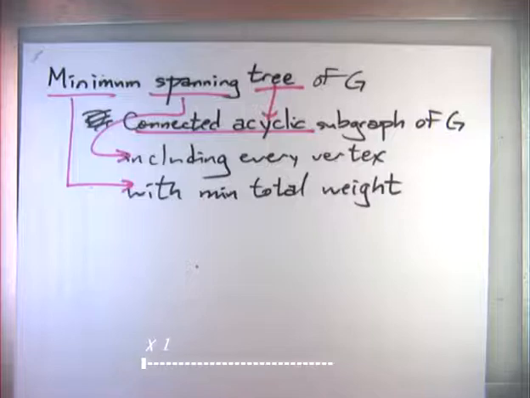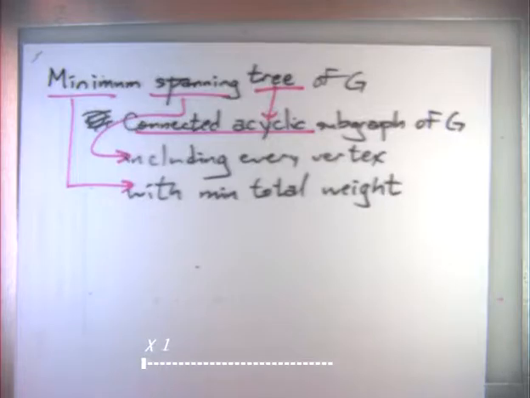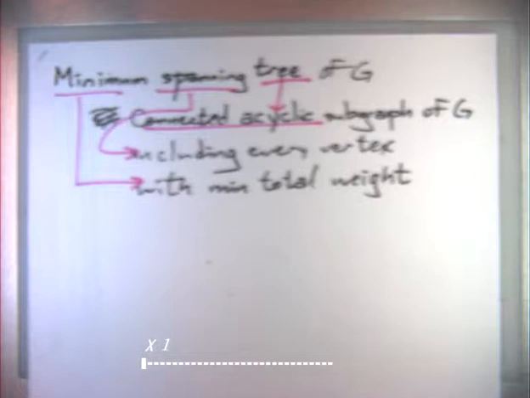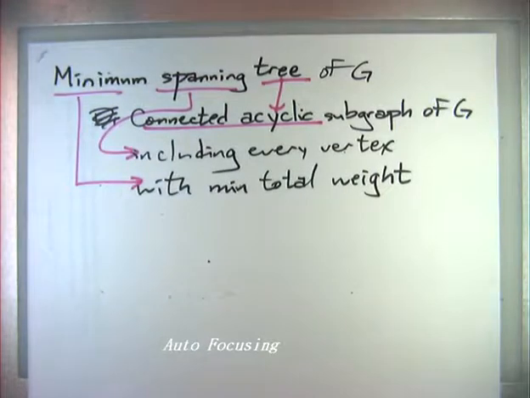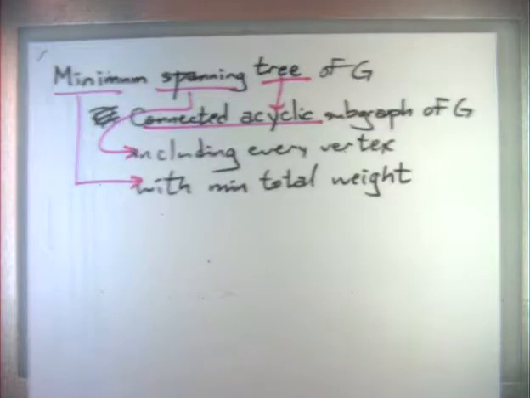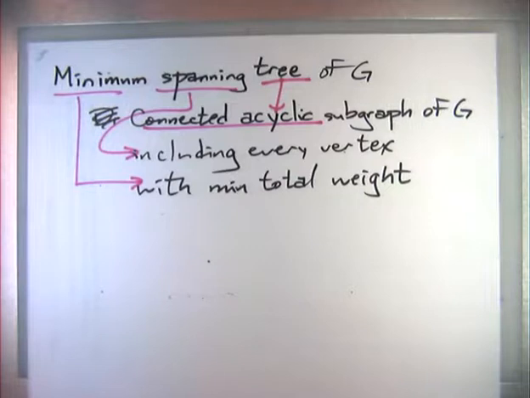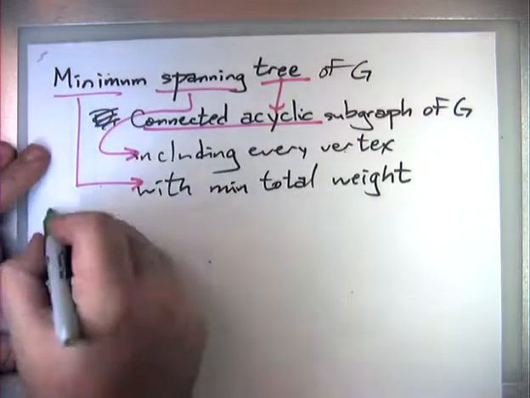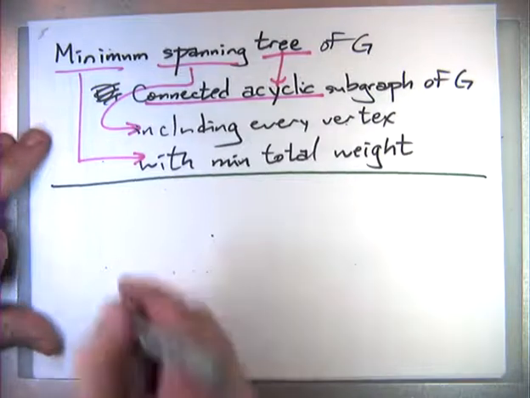Okay, so how do you compute this thing? Well, there's dozens and dozens of different algorithms to do this, except they're all instances of exactly the same general strategy. The general strategy is the following.